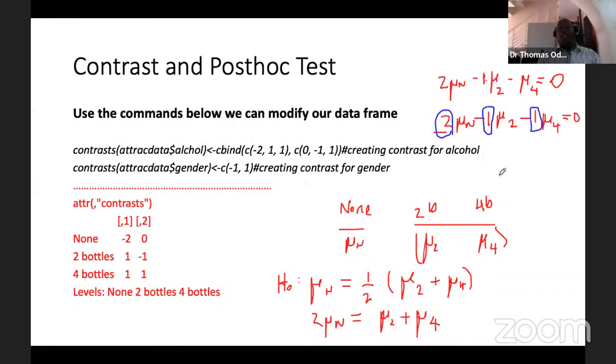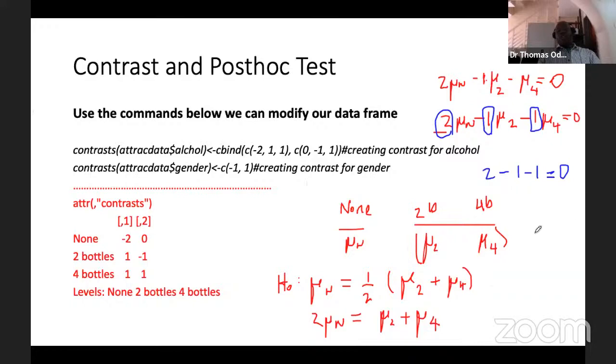The rule here is that the coefficients should sum to 0. So -1, -1, plus 2 gives you 0. But it doesn't matter which of the two sides takes positive and which takes negative.